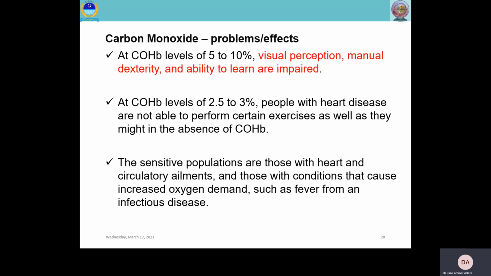It means that the sensitive populations are those with heart and circulatory ailments, chronic pulmonary disease, and those with conditions that cause increased oxygen demand, such as fever from an infectious disease. These populations are very sensitive to exposure to carbon monoxide.